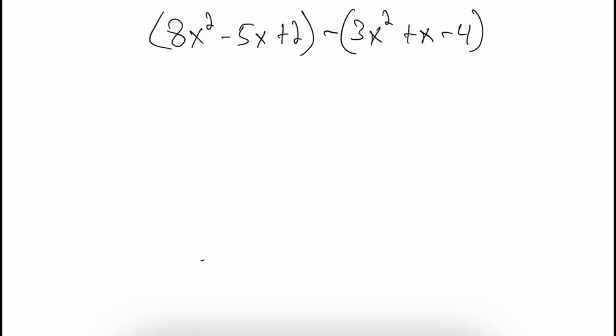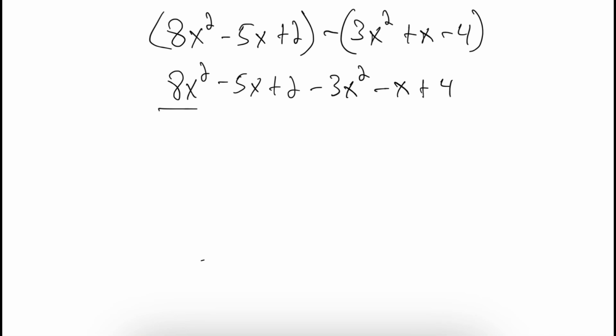Now we have 8x squared minus 5x plus 2 in parentheses minus 3x squared plus x minus 4 in parentheses. So first we're going to change the sign on our second one. 8x squared minus 5x plus 2 minus 3x squared minus x plus 4.